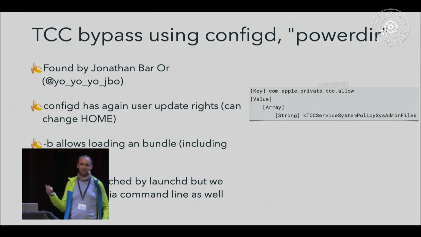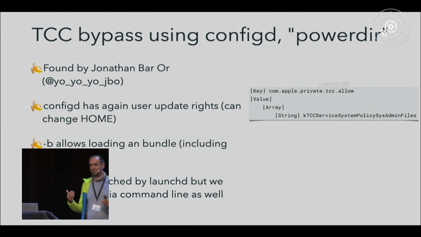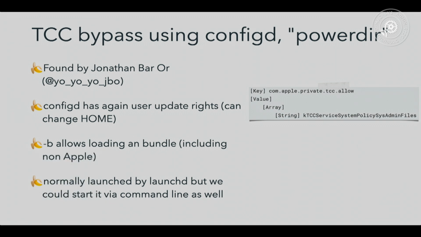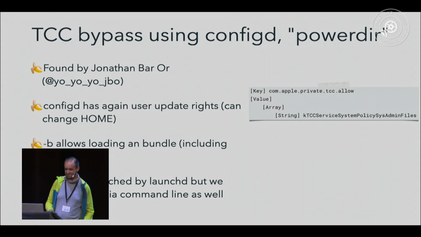And while config.d normally runs as a system service, there is nothing preventing you from running it from the command line with the -b option, which allows you to load a bundle, any bundle. So you just run config.d -b, load your bundle, you run inside the process, done. Easy peasy, really.